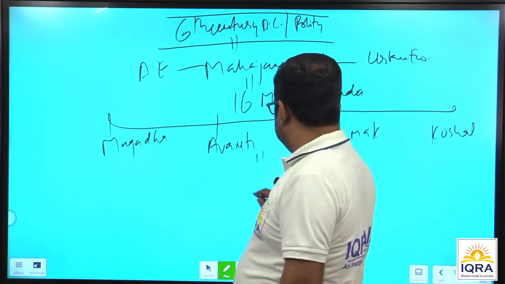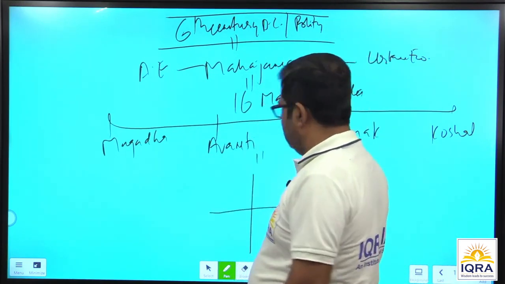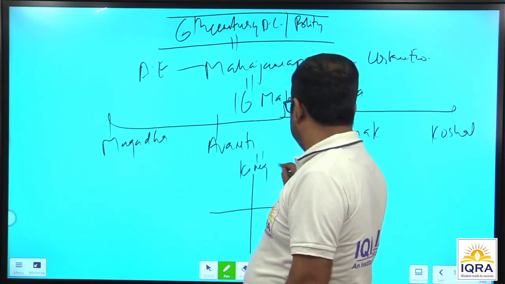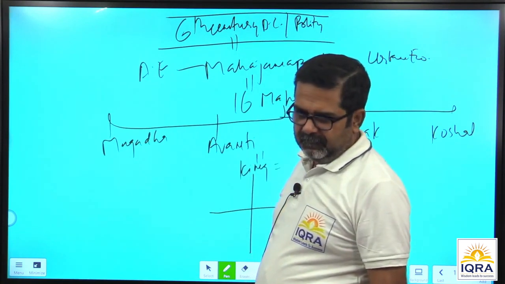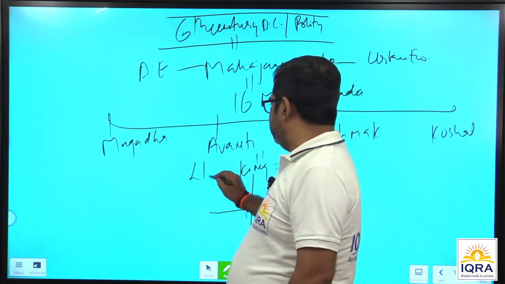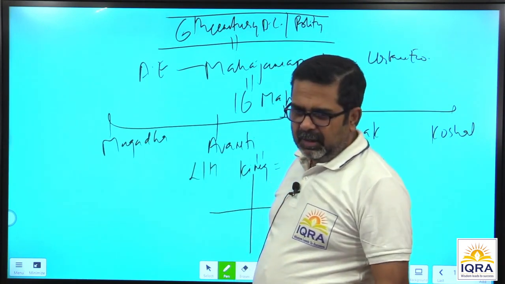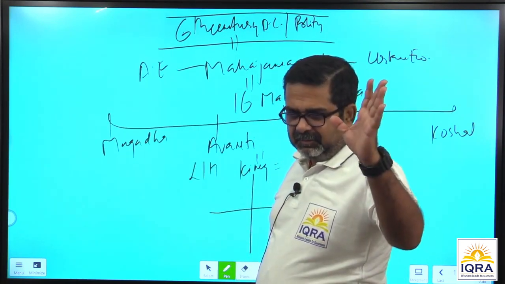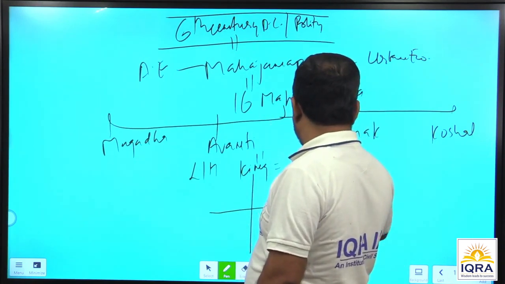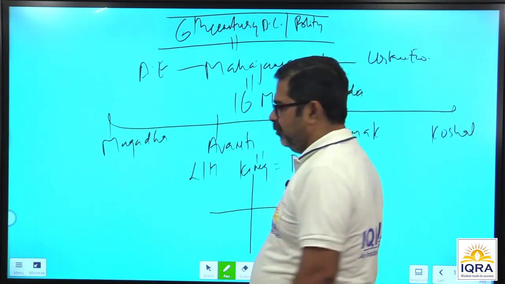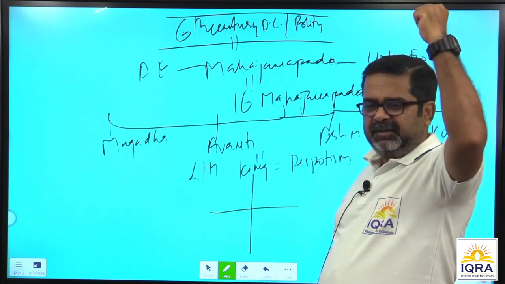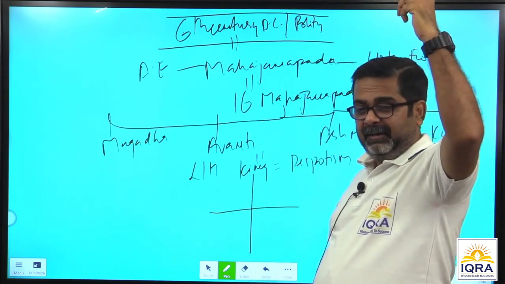So change in administration. King. Law of hereditary is established. Plus despotism. King's authority is absolute, ultimate.